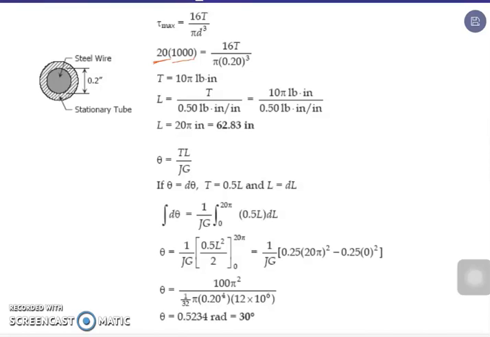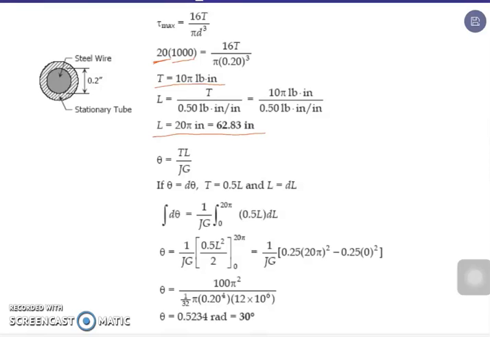If we simplify, we get T, which is 10 pi pound-inches. For the length, which is equal to the torque over the frictional torque, that gives us 10 pi over 0.5. So the length is 20 pi inches or 62.83 inches.